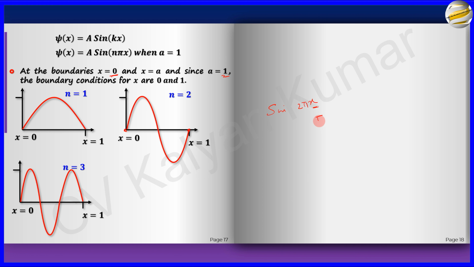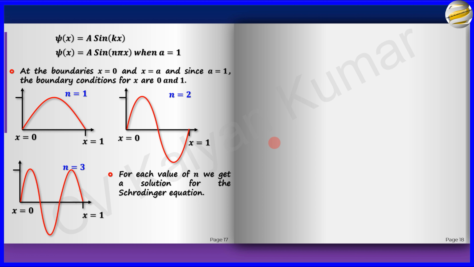And when x is 1 by 2, the middle part, because this is 0, this is 1, the middle part is half. When x is half, it is sine pi, which is again 0. So can you see, you will have one complete sine wave. And when n is 3, you will have 1.5 waves. So for each incremental value of n, you will keep getting half a wave added. So for each value of n, we get a solution for the Schrodinger equation.